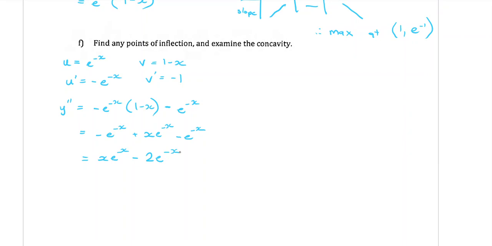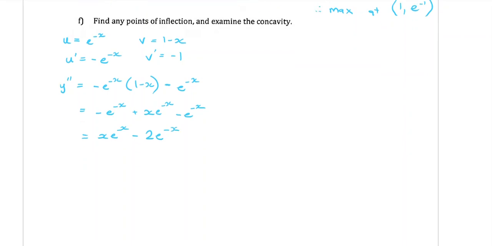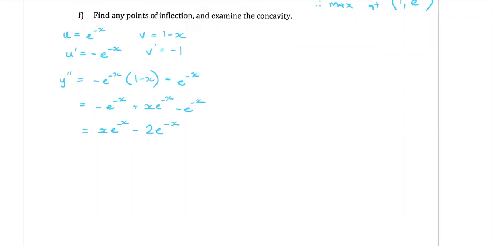Now, the reason I needed the second derivative was for the concavity. How do I find points of inflection? When y double dash is equal to 0. So let's factorize my second derivative. It would be e to the negative x times x minus 2 equals 0.